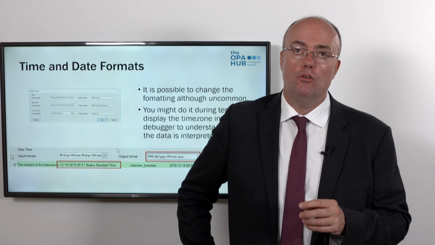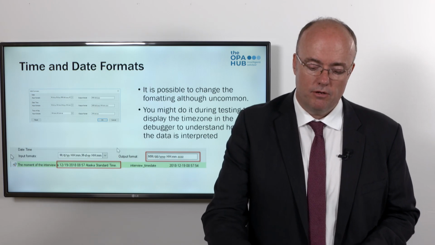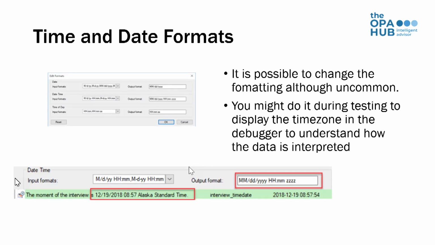So that's something you could do temporarily, using the dialog, I'll get there in the end, is add ZZZZ at the end of the formatting in the styles dialog, so that you can temporarily display the time zone to understand how the time zone is relating to the language and the choice of the user.